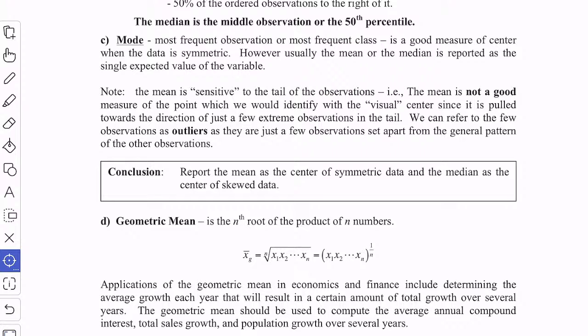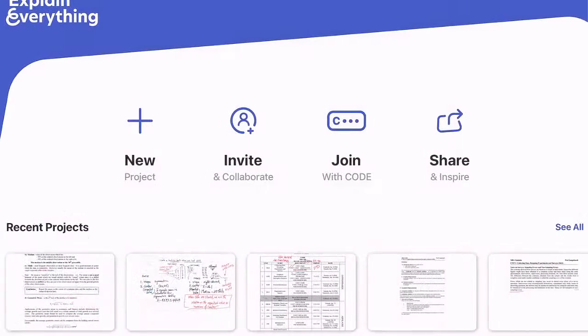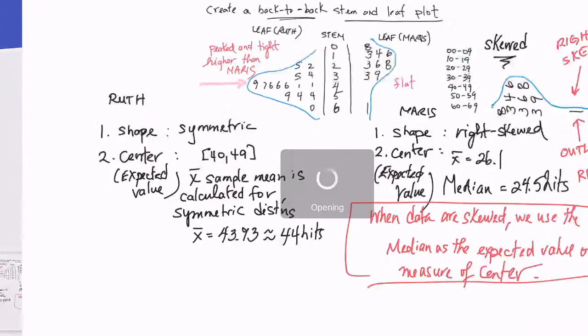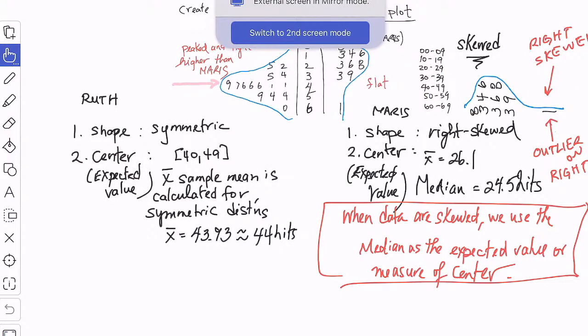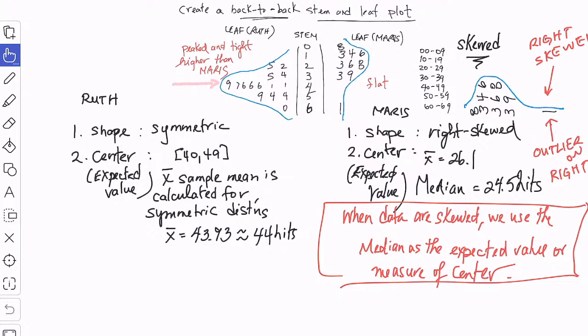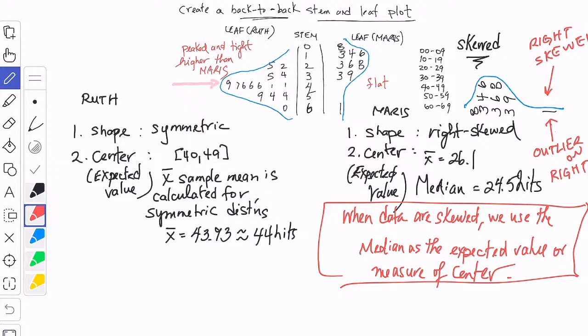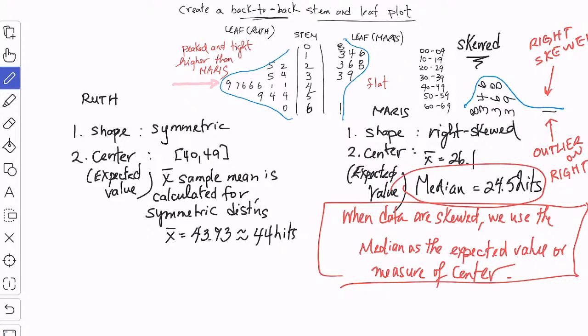Okay, so back to our 5 features. So we've done that. We've calculated the mean for Ruth as this measure of expected value, and we've calculated the median and the mean as well, but we're going to pick this one for our report.